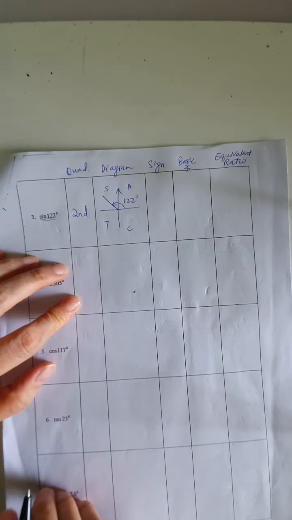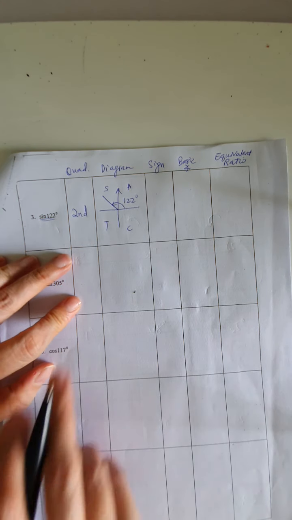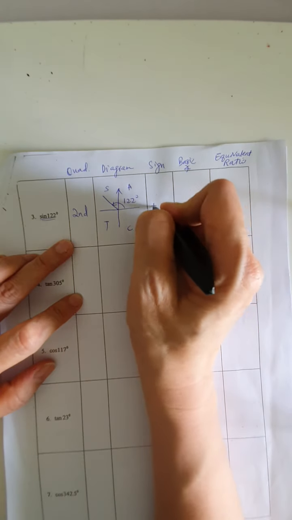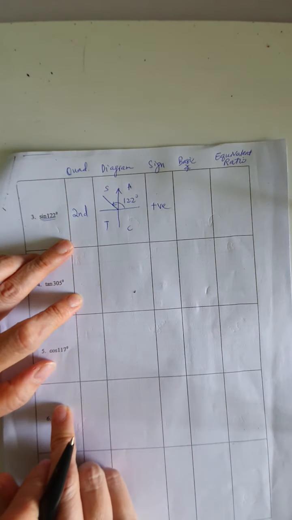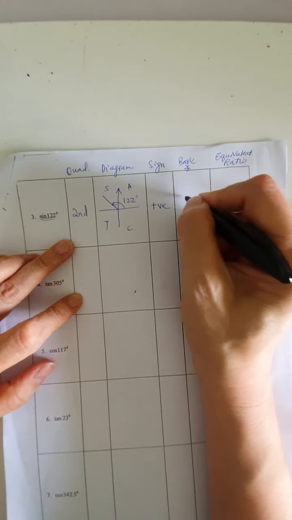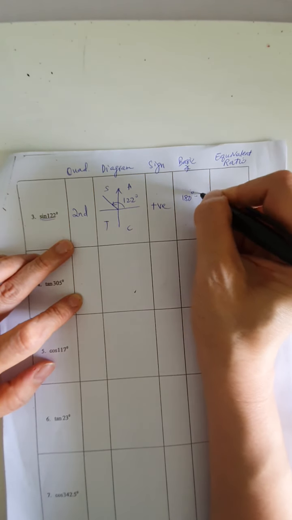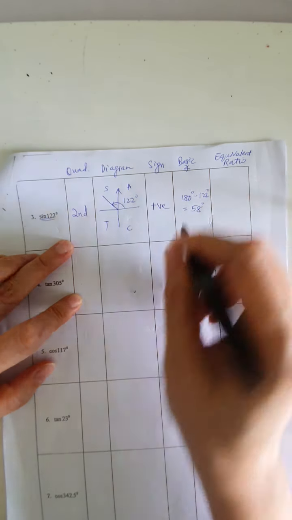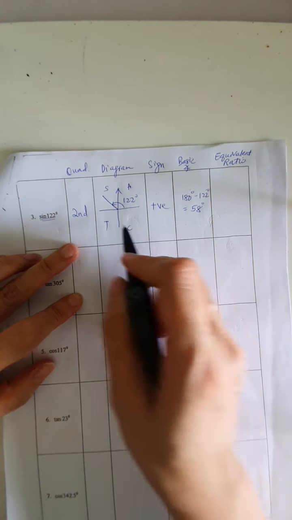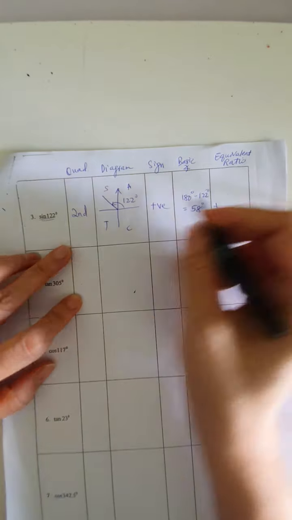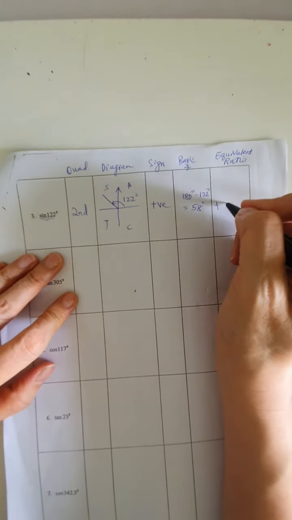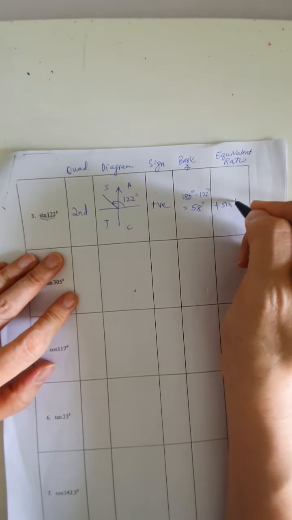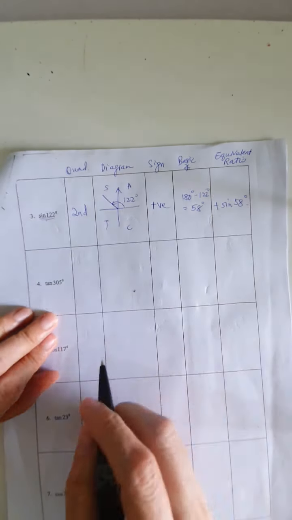CAST, so sine is positive. What's the basic angle? 180 degrees minus 122 degrees, and that gives you 58 degrees. So what's the equivalent ratio? It's positive, it's a sine, so the basic angle is 58. Again, you can use a calculator to check.